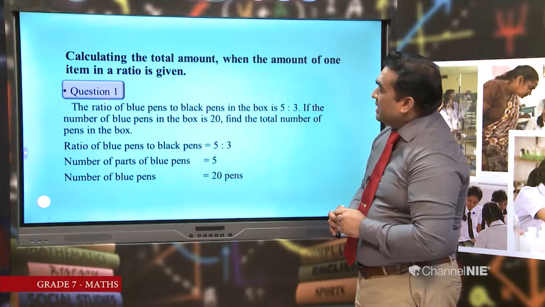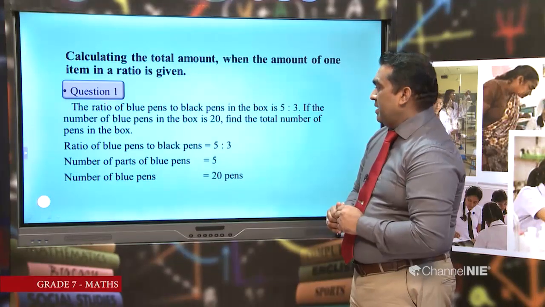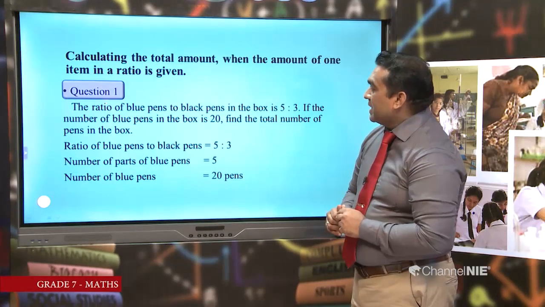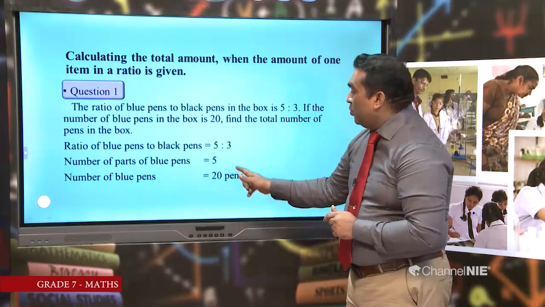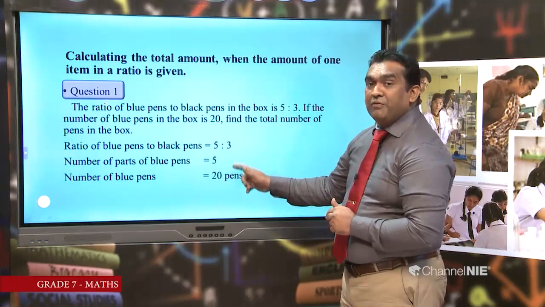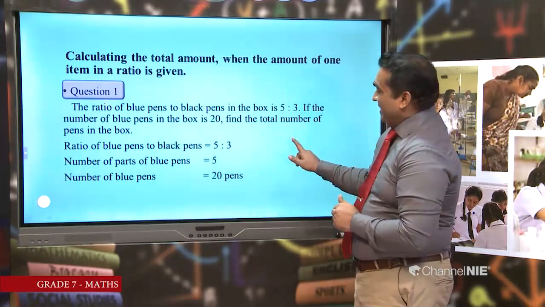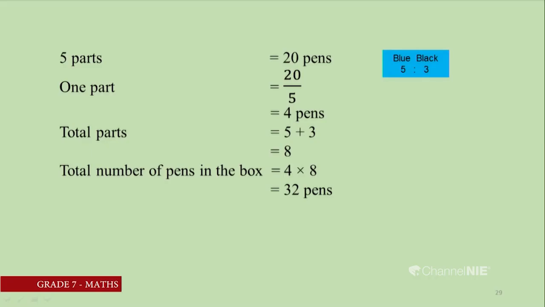Ratio of blue pens to black pens 5:3. Number of parts of blue pens 5. Number of blue pens 20. Here 5, 20. Then what has happened? 5 parts, 20 pens, 1 part, 4 pens. Now you know the value of a part, or the value of a unit.